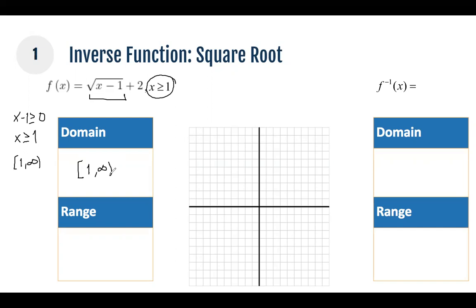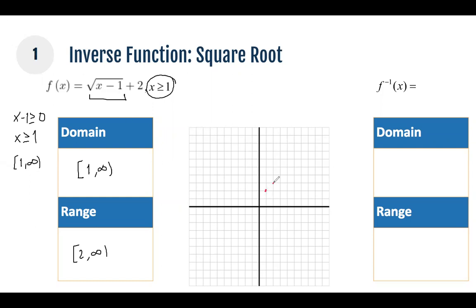And the range is going to be based on the constant term. Because we have a positive 2 as a constant term, we can assume that the range is from 2 to infinity. And we can make sure of that by sketching the graph. This is the square root function graph, shifted 1 unit to the right and 2 units up.